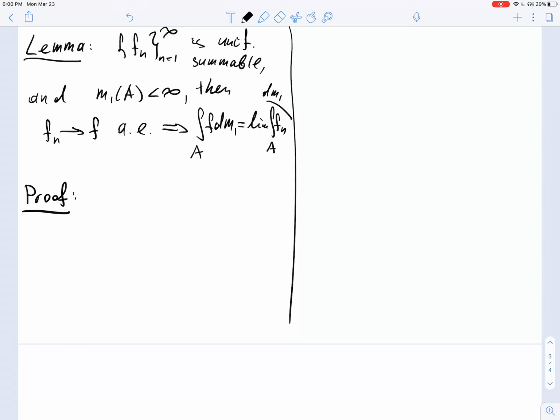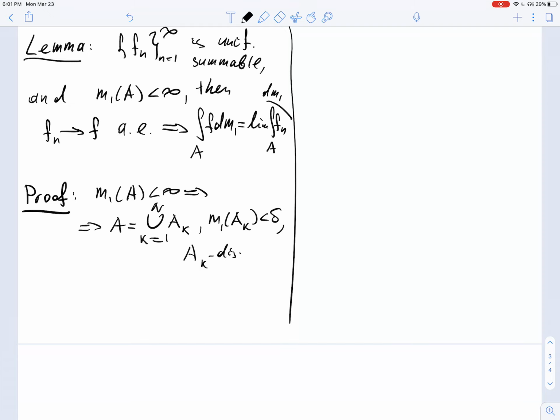Okay, so first, because we know that the measure of A is less than infinity, we can write A as a finite union of sets AK such that their measures are less than delta and the AKs are disjoint. So I'll leave it as an exercise.